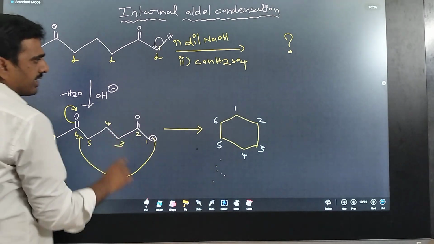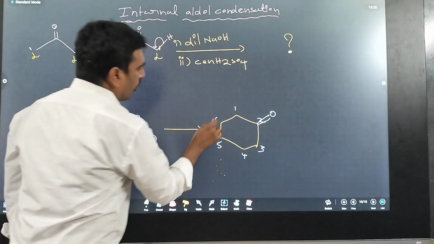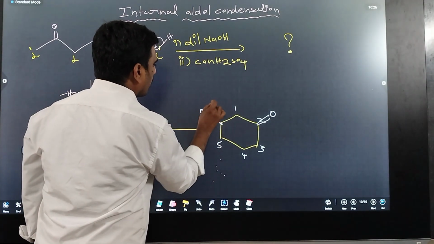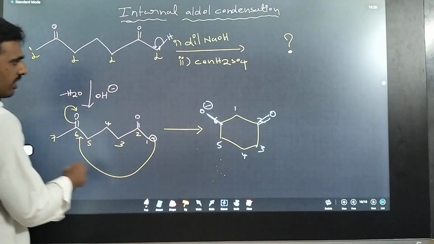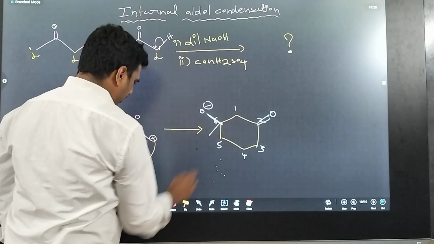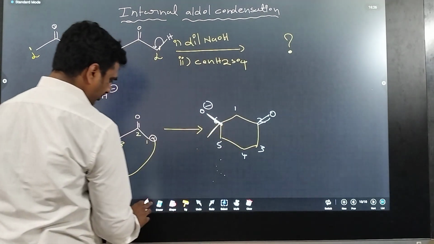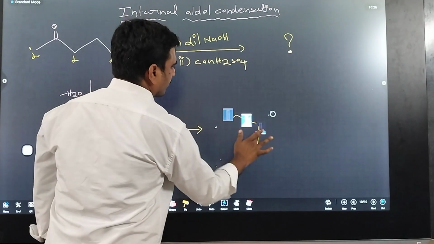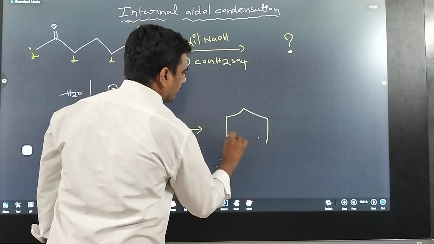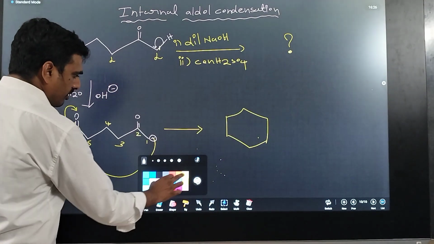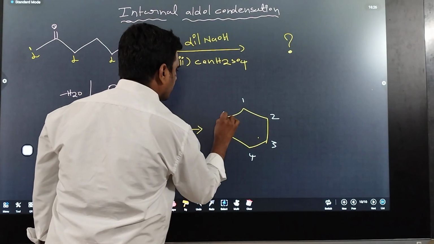Here the second carbon has a ketone, a double bond O. Next to the sixth carbon is O minus, then the sixth carbon is connected to the seventh carbon. So a 6-membered ring is formed, 1 2 3 4 5 6.